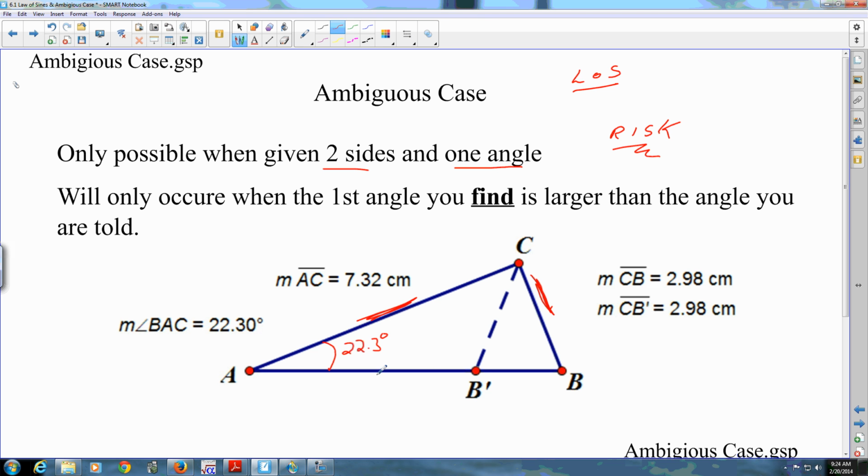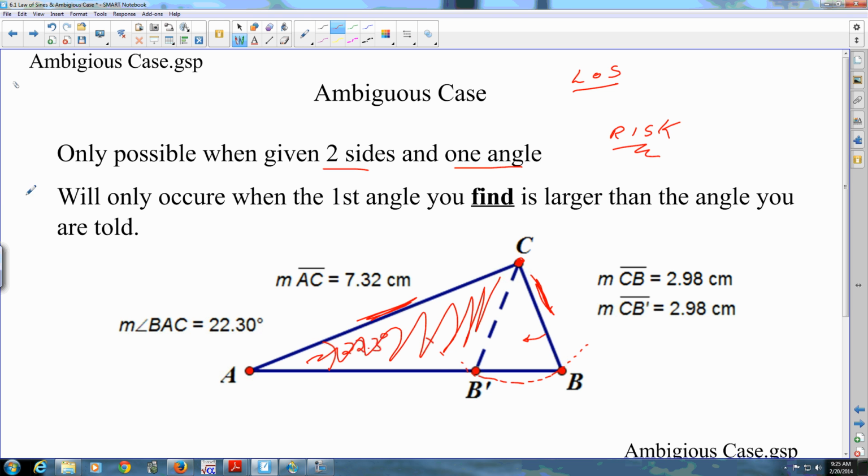You could form this larger triangle with that given information, or if I think of it as it's going to pivot on this point right here, this side could swing back, it could swing over and form this other triangle that's in here. With this same information, this side is still 7.32, this side is still 2.98, you formed a completely different triangle. You formed the large one or this one that's in here. That's what's called the ambiguous case.